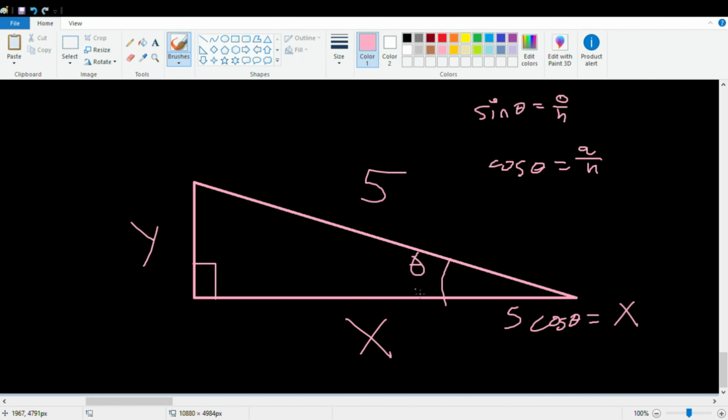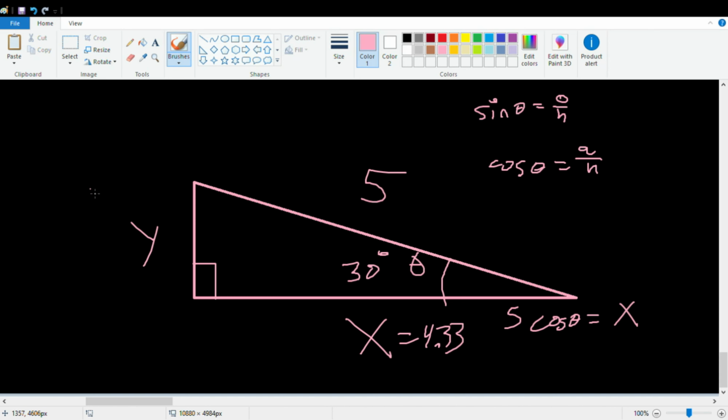So say this angle is 30 degrees. You plug this into the calculator and you would get 4.33. Now we could use the sine ratio to calculate this side, but you could also use the Pythagorean theorem.